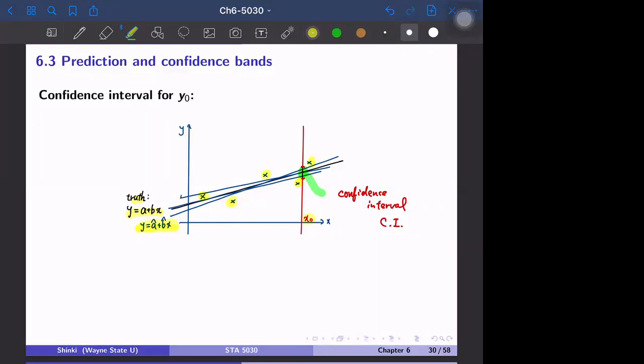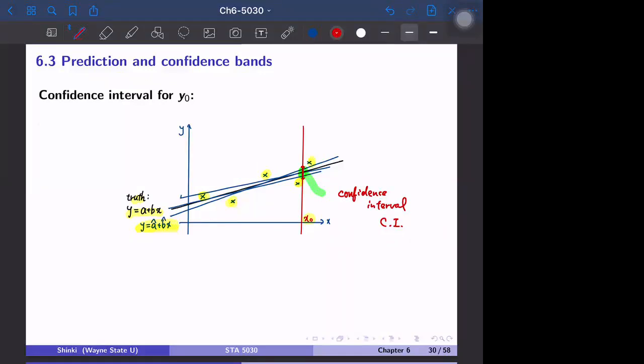And the intercept of these regression lines at x is equal to x0 is included in this interval. And if this interval includes 95% of all the fitted regression lines from the data points, then we say that this is the confidence interval for this regression line.